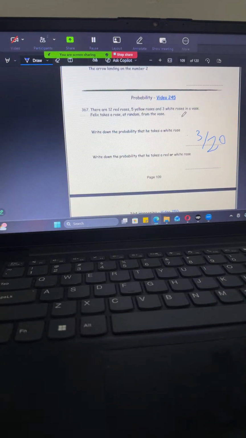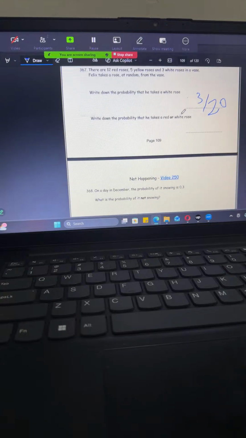Now write down the probability that he takes a red or a white rose. So now we can add the red roses and the white roses together to get 15, and then divide by the total, which is 20.